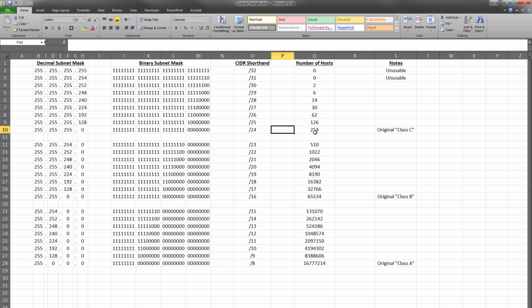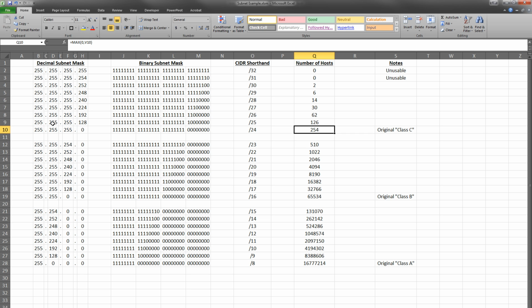That gives us a maximum of 254 hosts, from 256 potential hosts, 2 to the 8th because of these 8 zeros, but subtract 2 because of the network address, which is the lowest number, and the broadcast address, which is the highest number. This also happened to be the original Class C address space when we were doing classful routing.